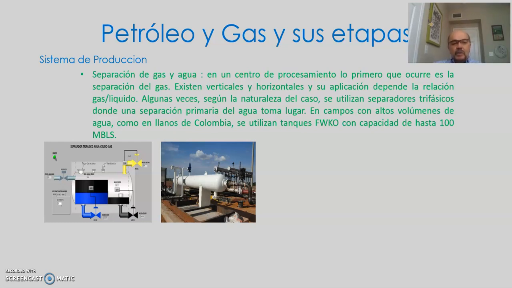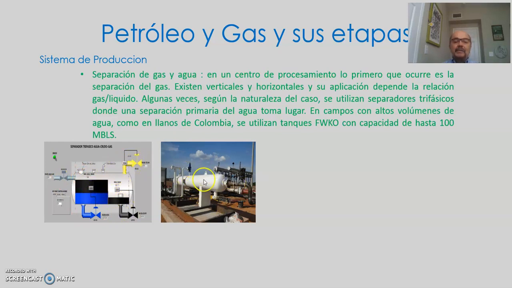Like I said, we have equipment to first separate the gas. And we have separators where the three phases are involved. I separate the gas, and I separate part of the water also in that same equipment. This is an example of that, where I separate water, oil, and gas.